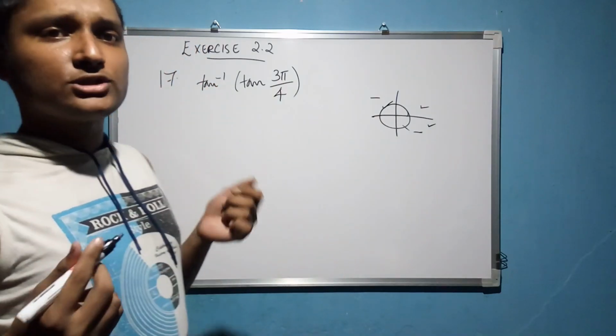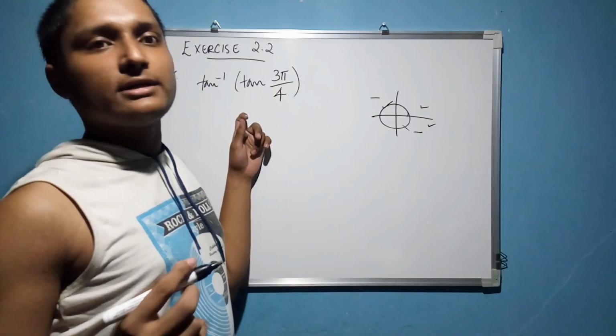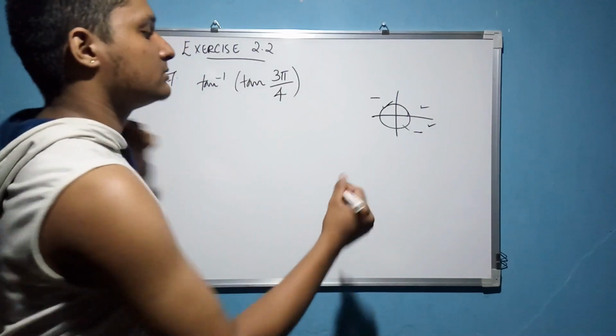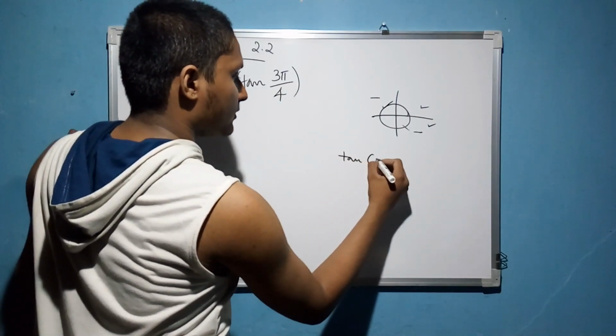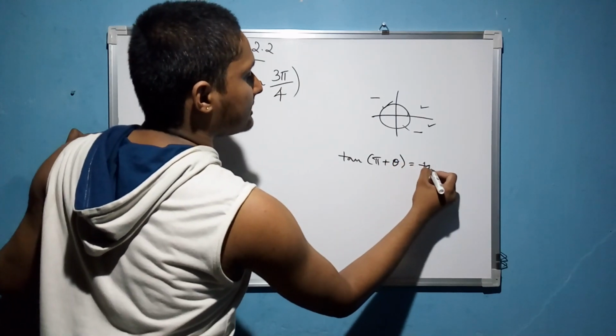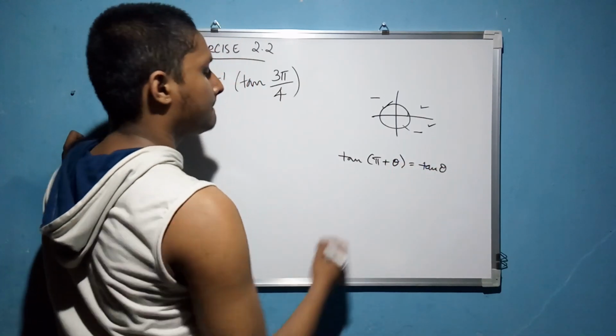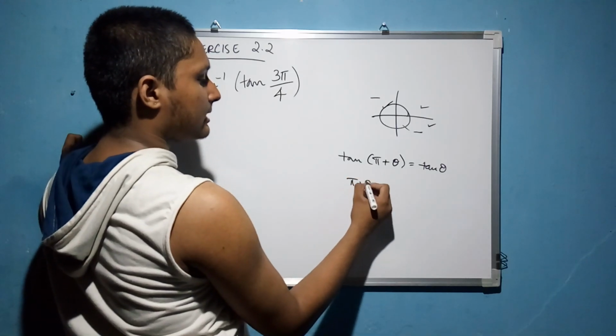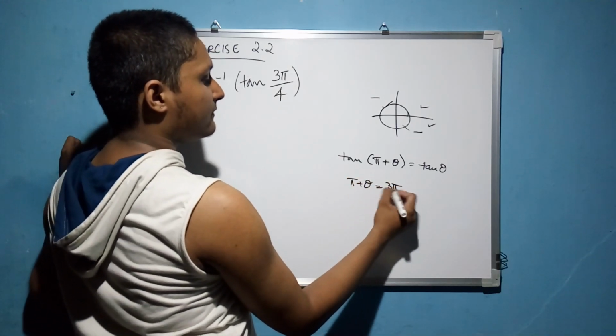So we know that the function tan is periodic with the period of pi. So tan of pi plus theta is equal to tan theta. Now let pi plus theta be equal to 3 pi by 4.